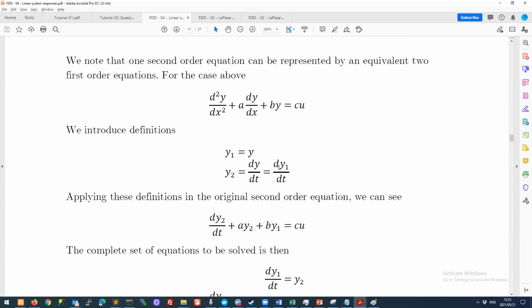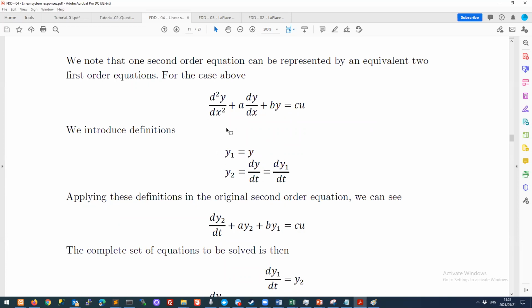Here's another way to do it. If you have a second order equation, you can do order reduction. Remember, the way you reduce the order of a differential equation is to propose two new variables. So here you've got a single variable y, but now we are proposing to create two variables, y1 and y2. So if y1 equals y and y2 is dy dt, then of course if y equals y1, this is dy1 dt.